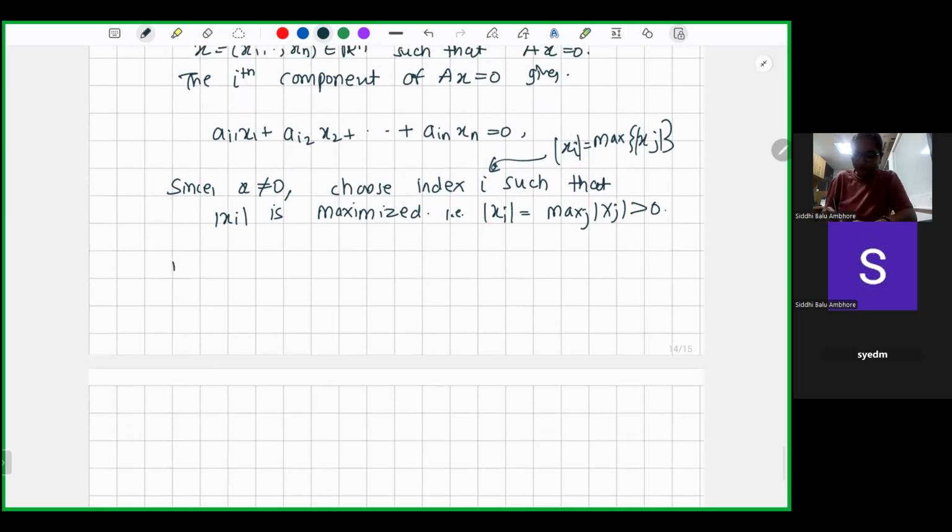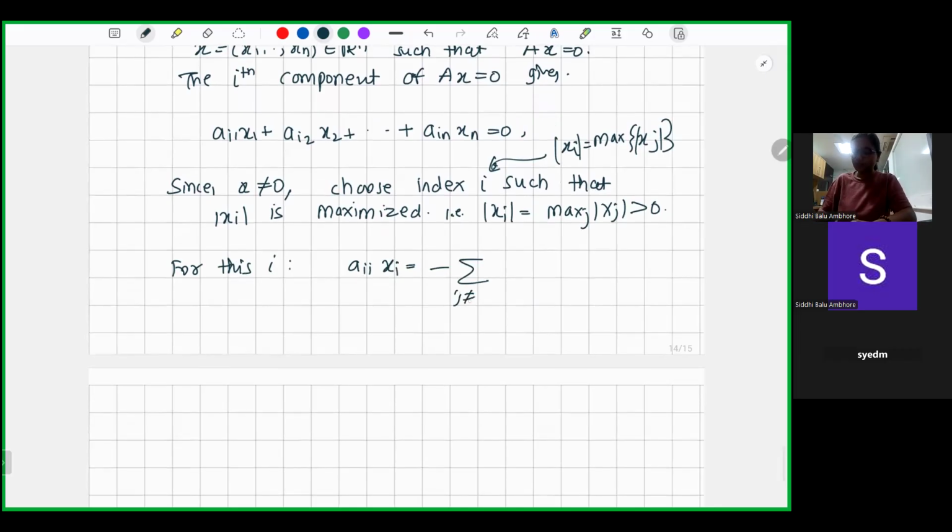So for this i, aii xi is equal to minus the summation over j not equal to i of aij xj.